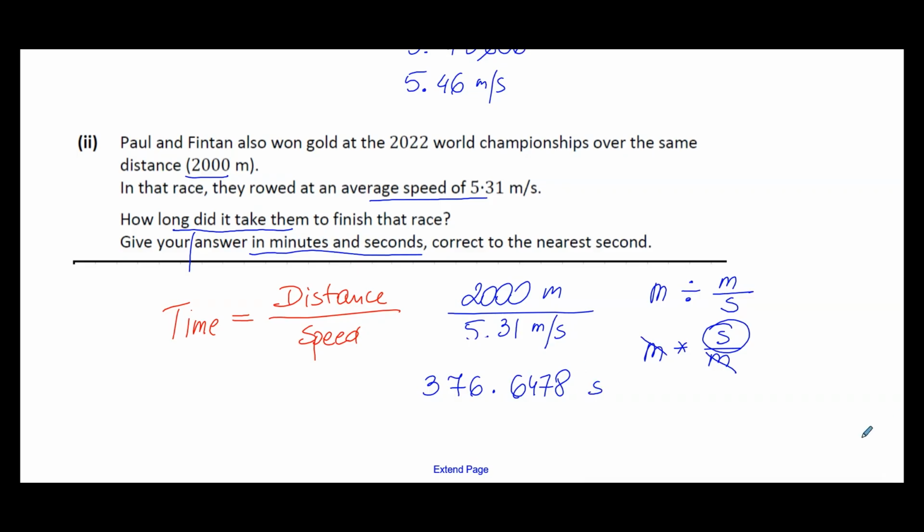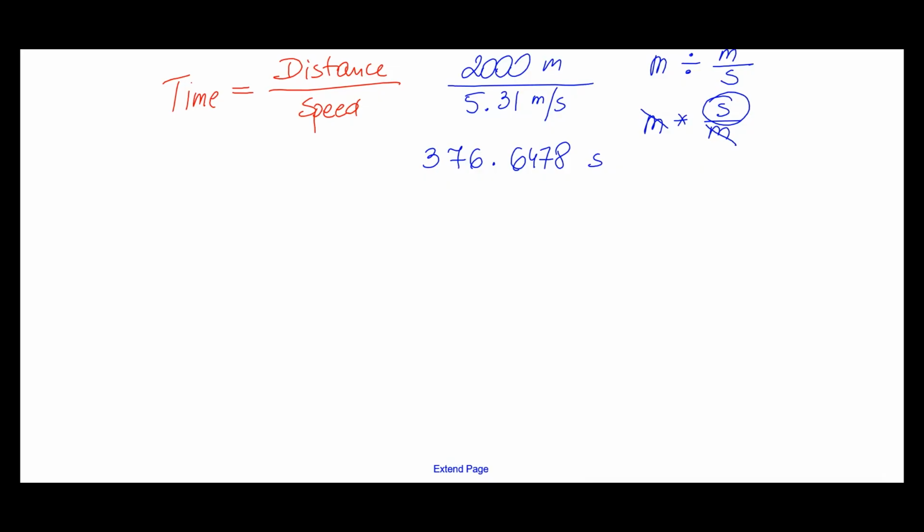So how do we convert that to minutes and seconds? So we are saying 376.6478 seconds. We are asking ourselves the question, well, how much is that in minutes? So conversion will work here. We understand that in 1 minute we have how many? 60 seconds.